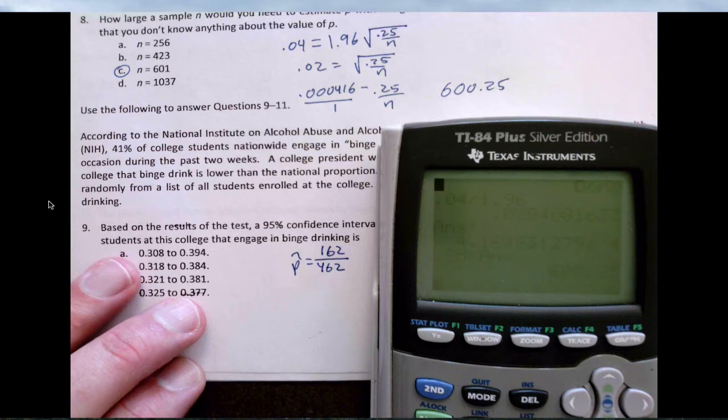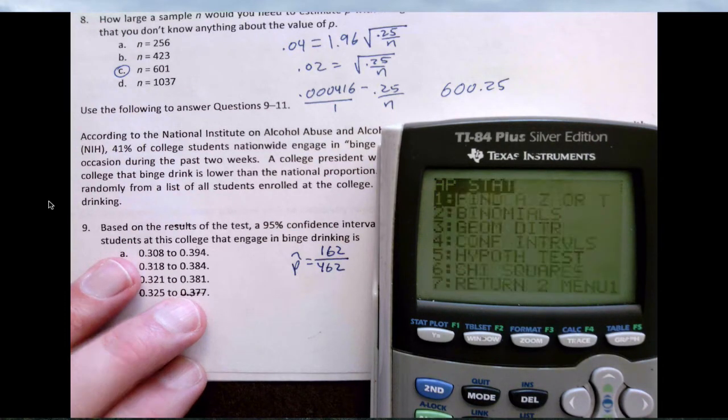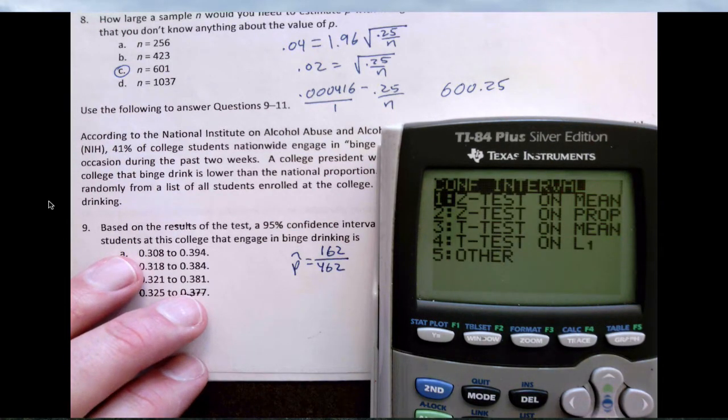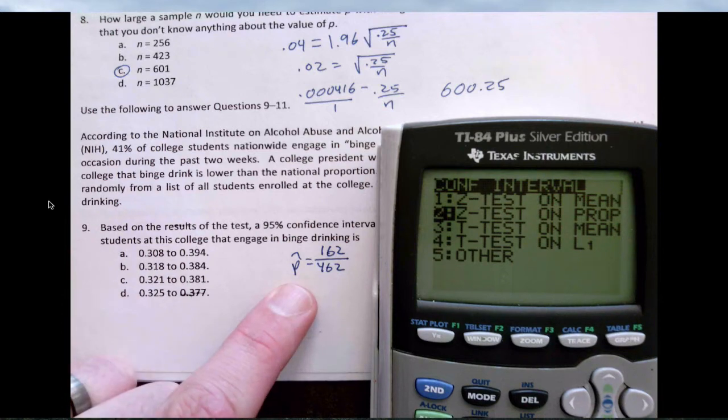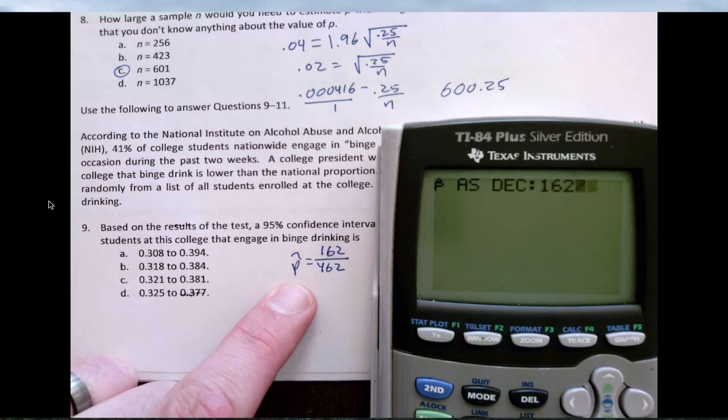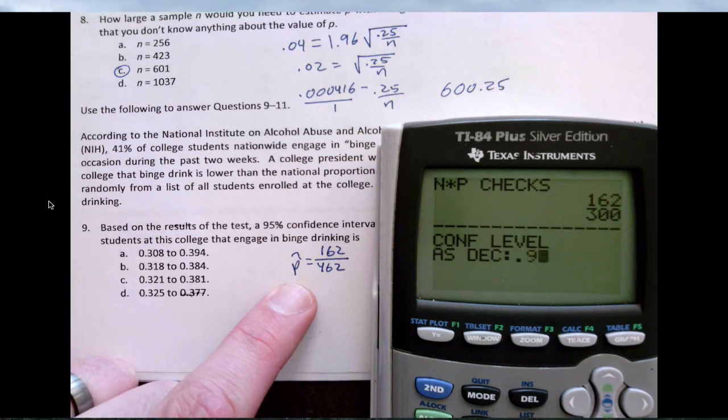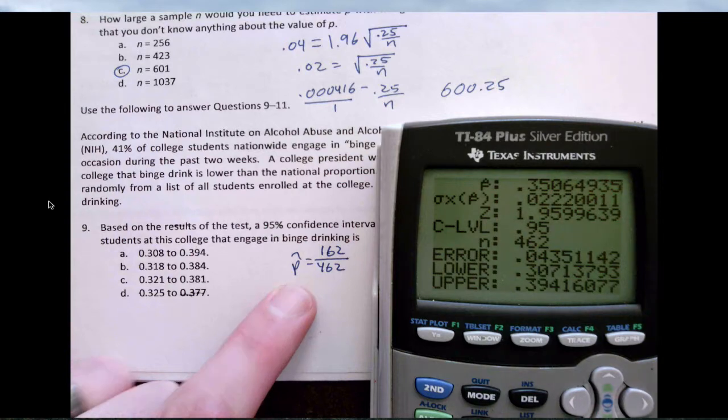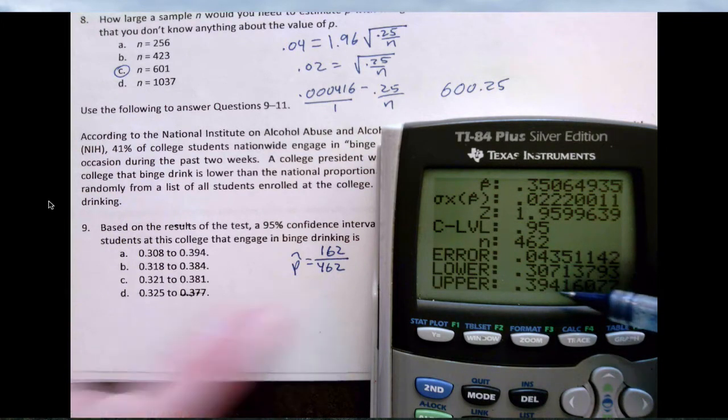All right, so the p-hat value here is 162 out of 462, and we want a 95% confidence level based on that, so we can do that. Just go into our confidence interval portion of the app, and again, we are testing on proportion. 162 out of 462 with 462. And our confidence level is a 95% confidence interval. And it's 0.307 to 0.394.